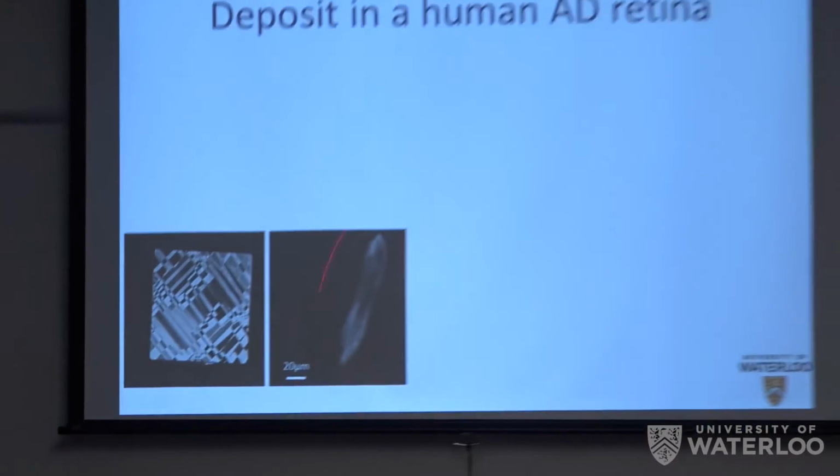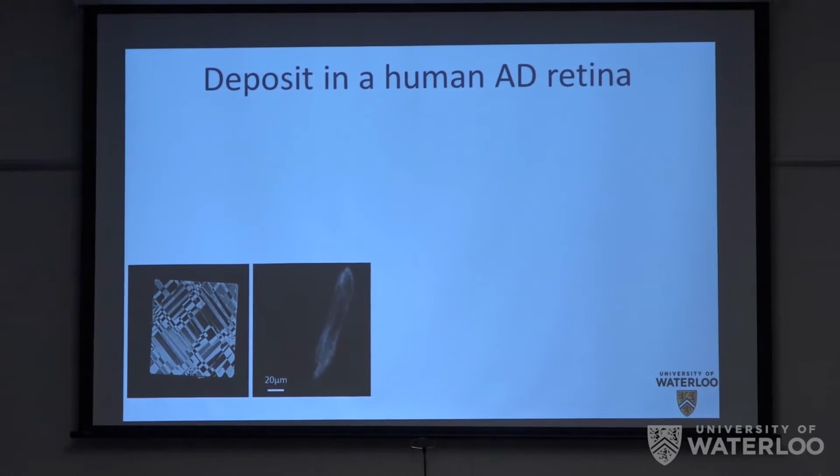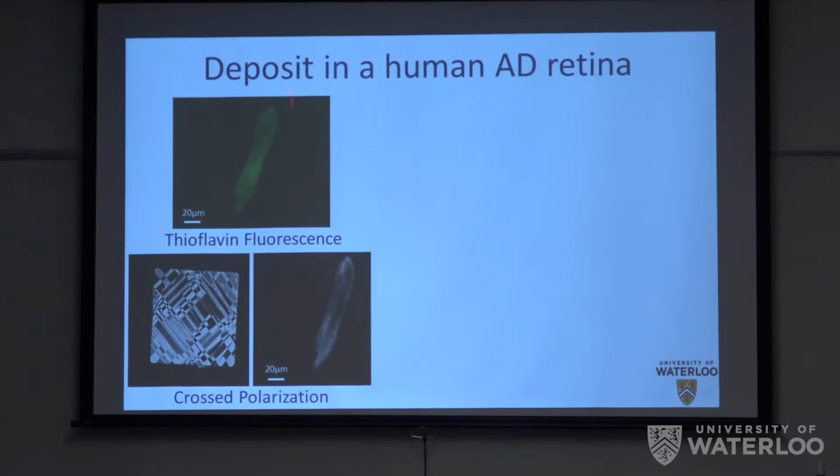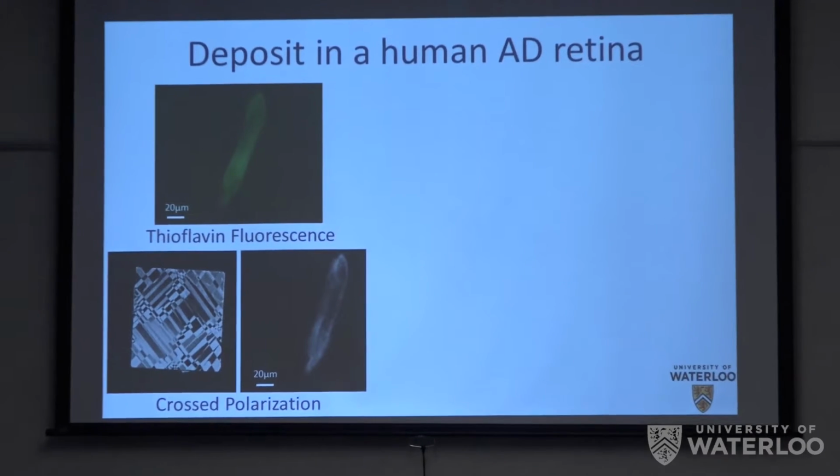So here's our crossed polarizer image, first of the magic tape and then of the deposit you saw the Mueller matrix for. And then here is showing that, yes, it's amyloid. It is thioflavin fluorescent.